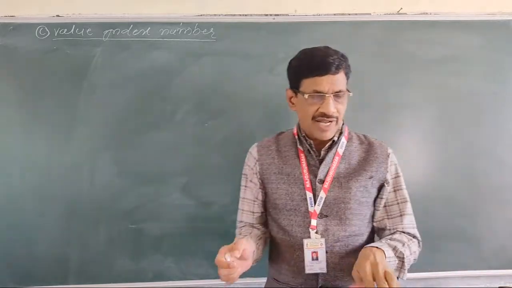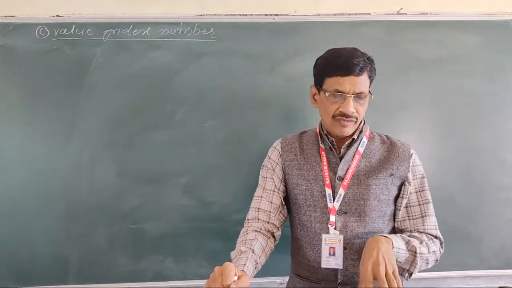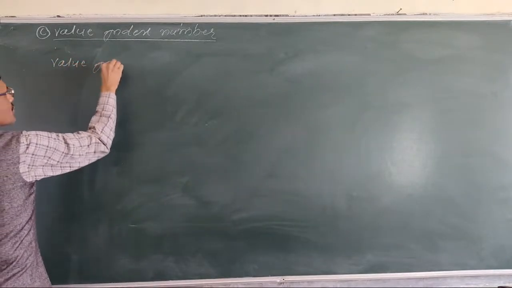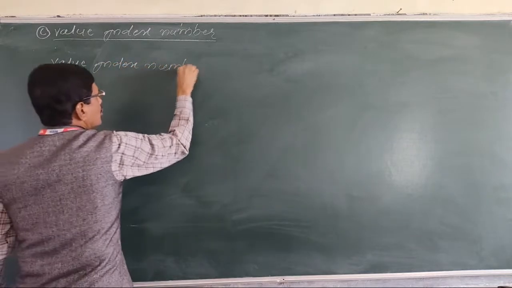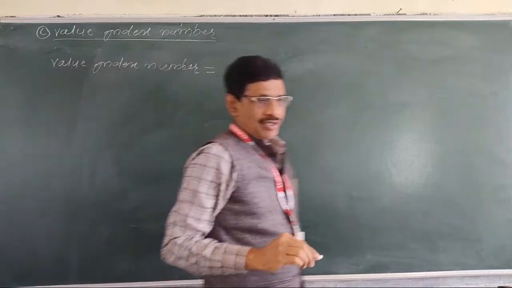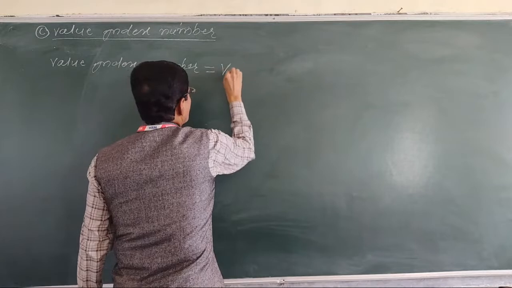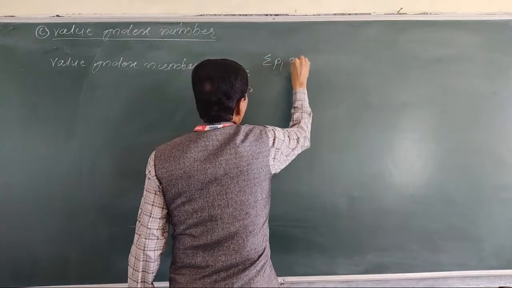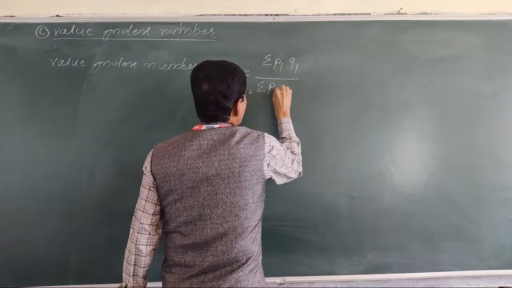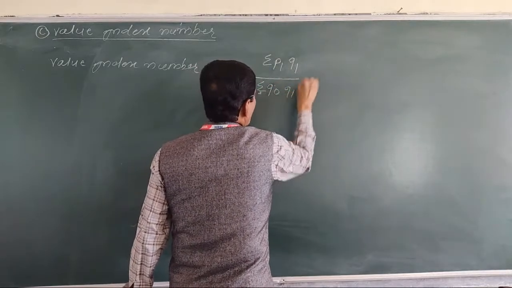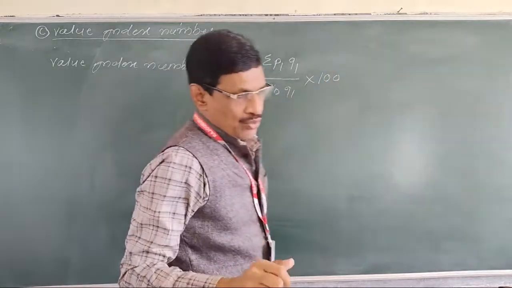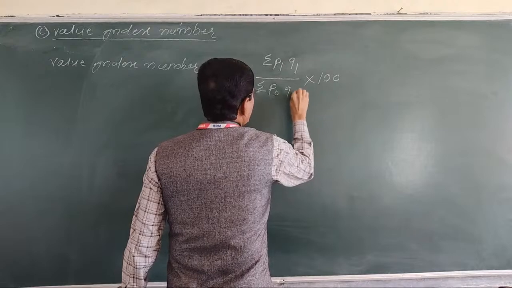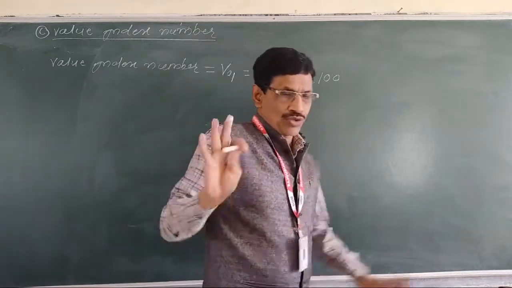Okay, so it can be measured as follows. Look at that. The value index number V01 is equal to summation P1Q1 upon summation P0Q0, into 100.